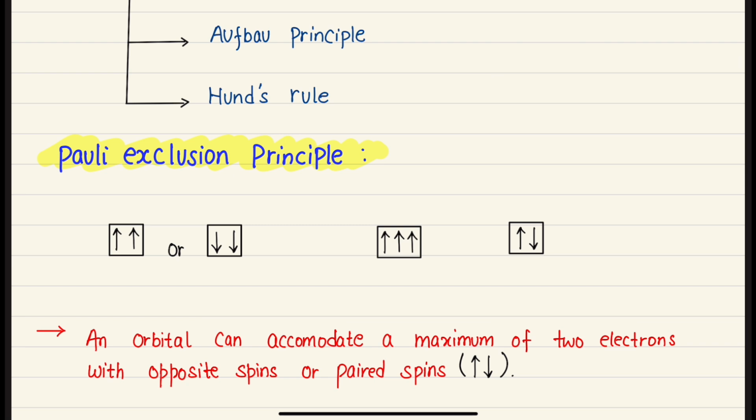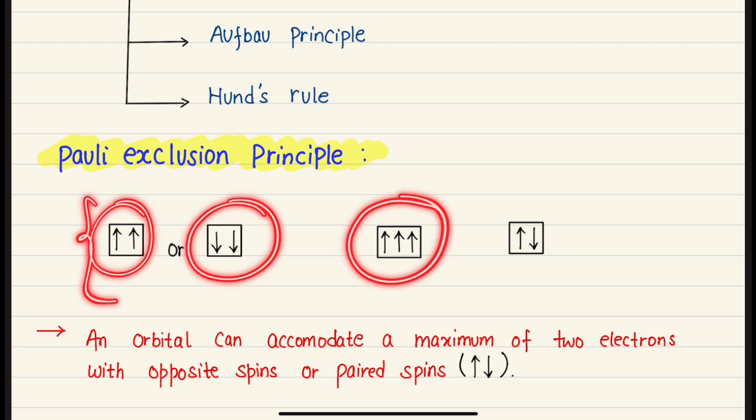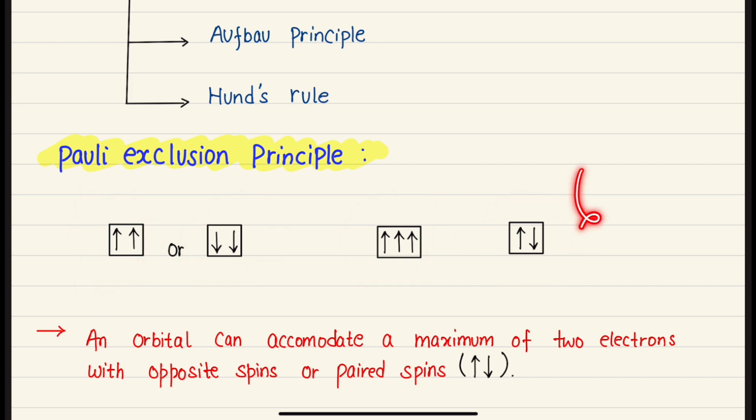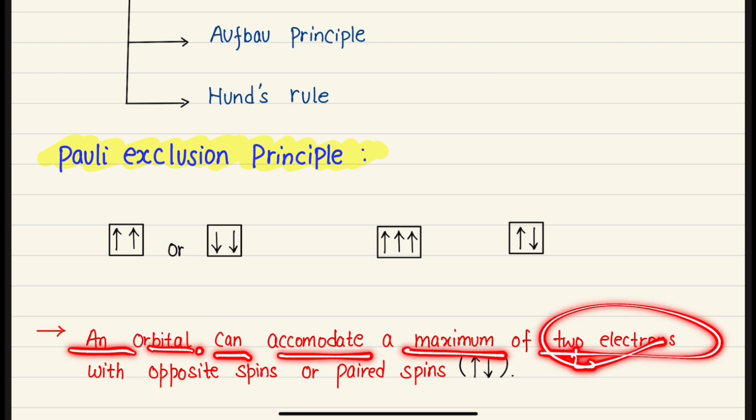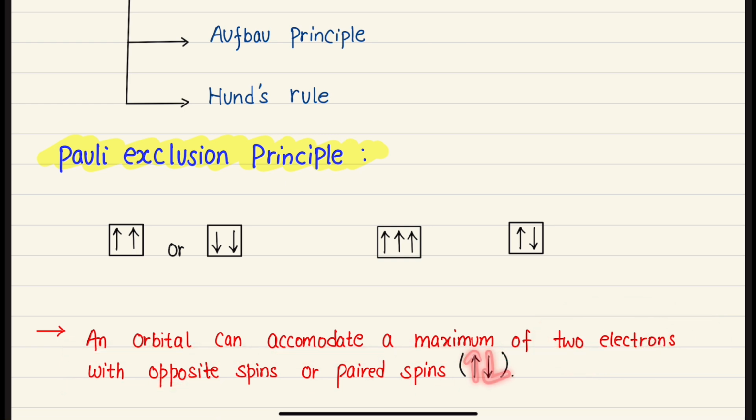Now tell me, among these atomic orbital electron representations, which is the correct one? Read the statement: an atomic orbital can accommodate a maximum of two electrons with opposite spin or paired spins.